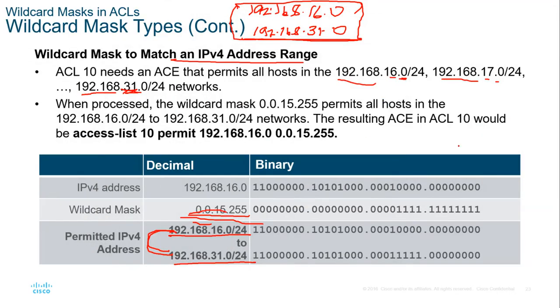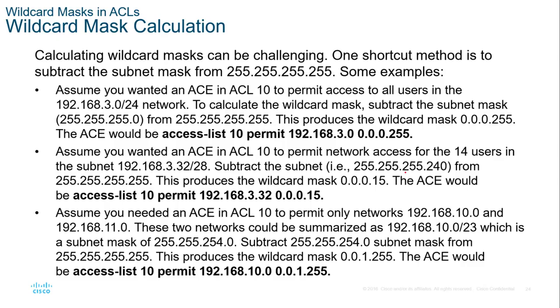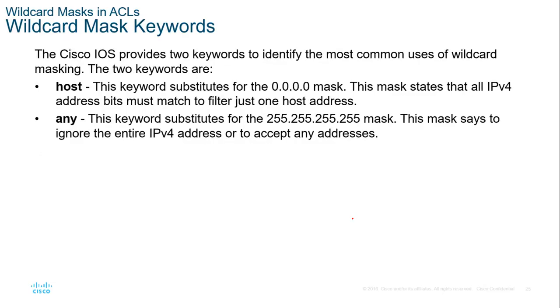Okay. So wildcard mask calculation, I don't need to go through this. This is what we've been thinking about. Then we have wildcard mask keywords. In subnet mask, we have these two.